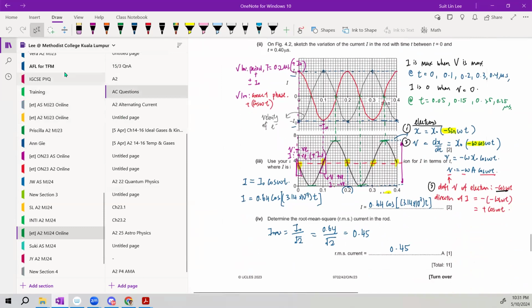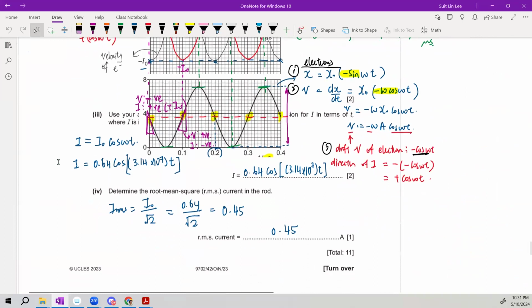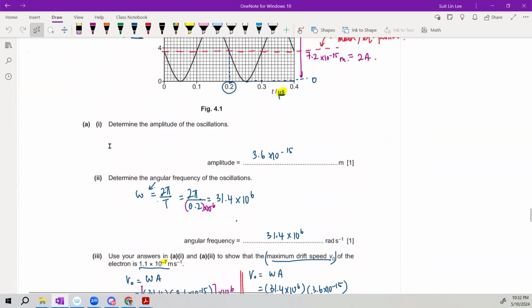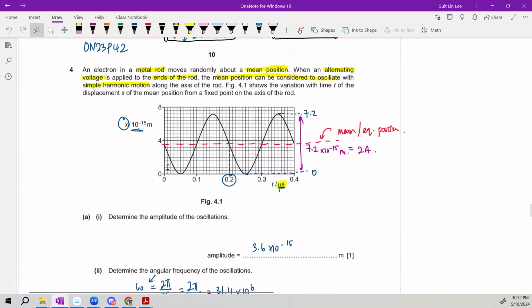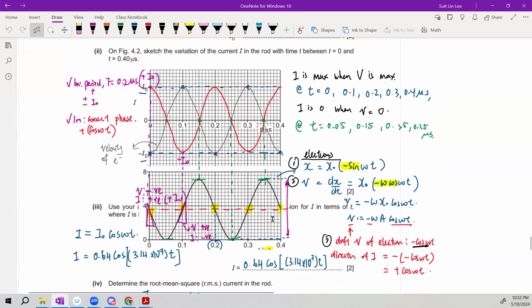Okay, so Glenn, I've already discussed this question in detail in class, which is basically telling you that this is the electron motion and you want to draw the AC graph.